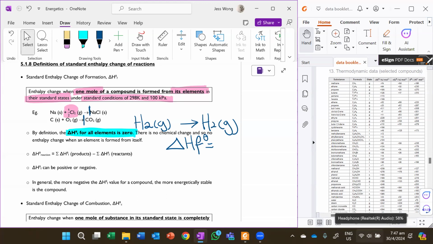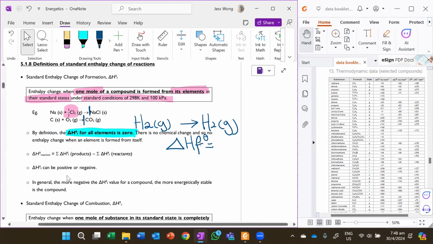Elements here refers to things like aluminium, sodium, iron, oxygen, nitrogen, etc. In the data booklet table, you'll find that delta HF values can be exothermic or endothermic, depending on the formation of the product from the reactants, whether there's an increase or decrease in energy.